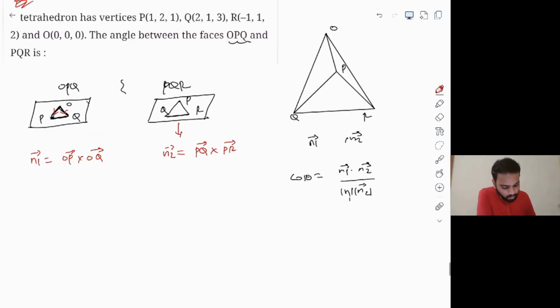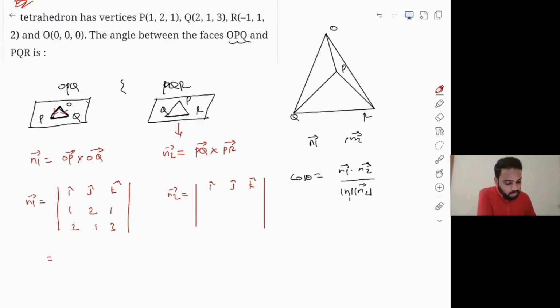Now you know what to do because here n1 bar is nothing but determinant of i cap, j cap, k cap. And OP bar is nothing but 1, 2, 1. OQ bar is nothing but 2, 1, 3. And then on expanding, we'll get the vector n1 bar. Okay. Similarly, what is the vector n2 bar here? It is determinant of i cap, j cap, k cap. And then what is PQ bar actually? PQ is nothing but OQ minus OP. You know what to do.